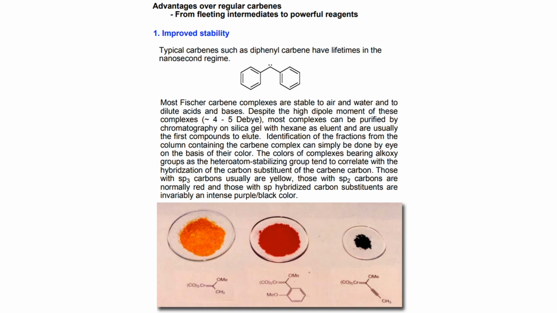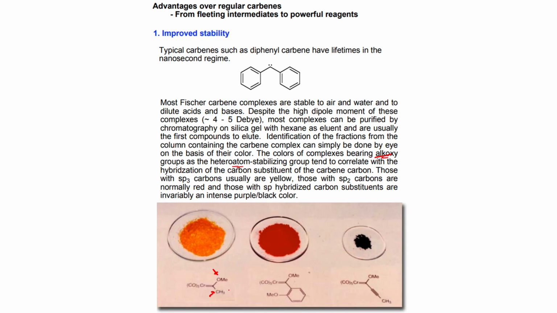And another important thing is differentiating these two units. They have some visual representation also. Visually, you can differentiate between them. When it has an alkoxy group with a heteroatom for stabilization, then that carbon is actually yellowish.